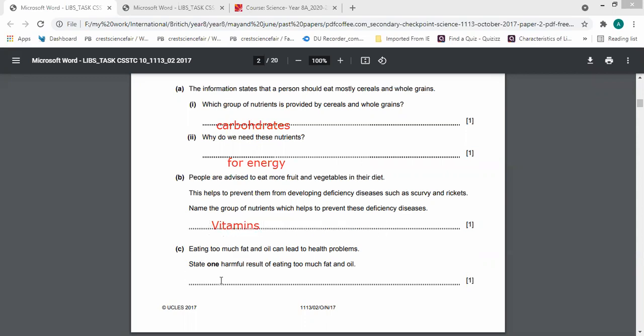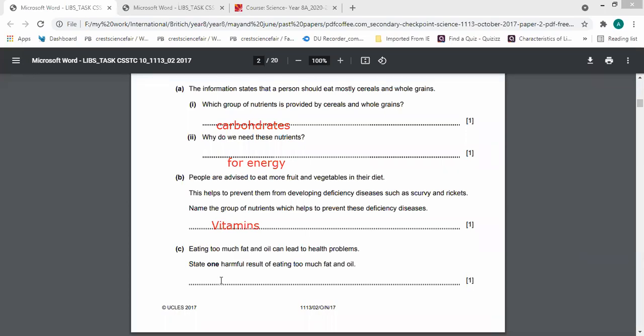Eating too much fat and oil can lead to health problems. State one harmful result of eating too much fat and oil. Heart problem, heart disease, obesity, high blood pressure, all of these are correct.